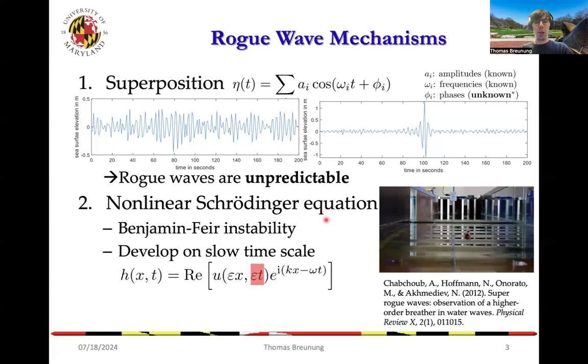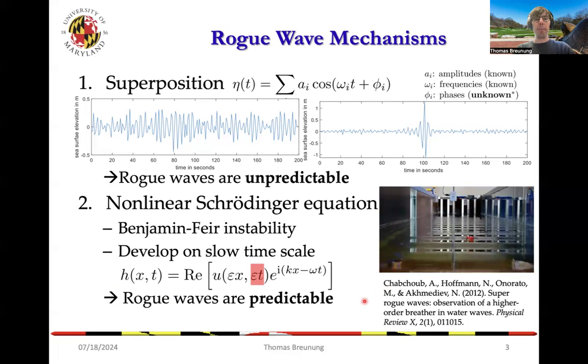Just to give you a picture of such a breather-type solution, we can see here that something is developing in the wave tank, a large wave building up and causing the capsize of the ship. But since those kinds of instabilities develop over long time horizons, they should be, at least in principle, predictable.